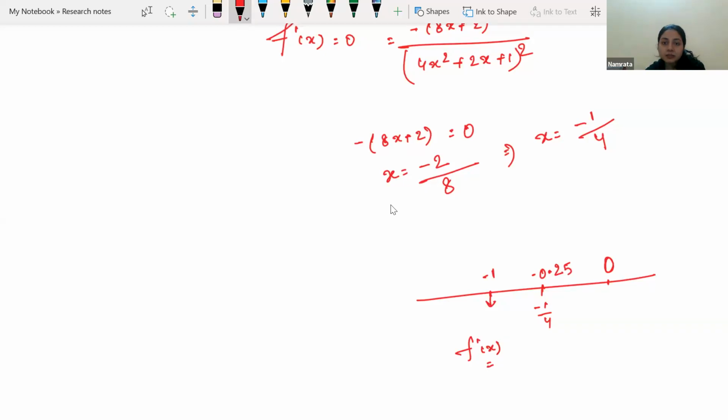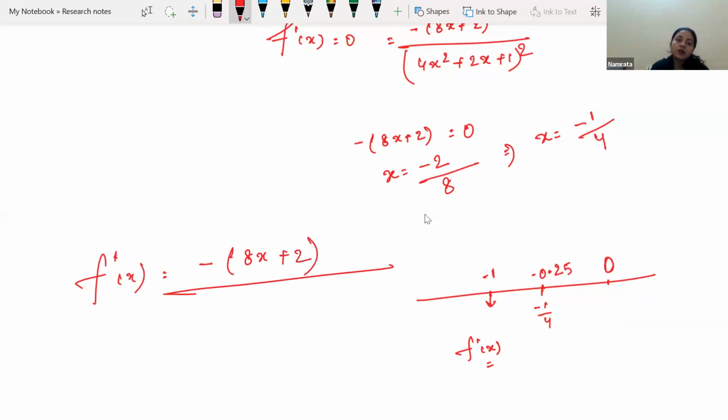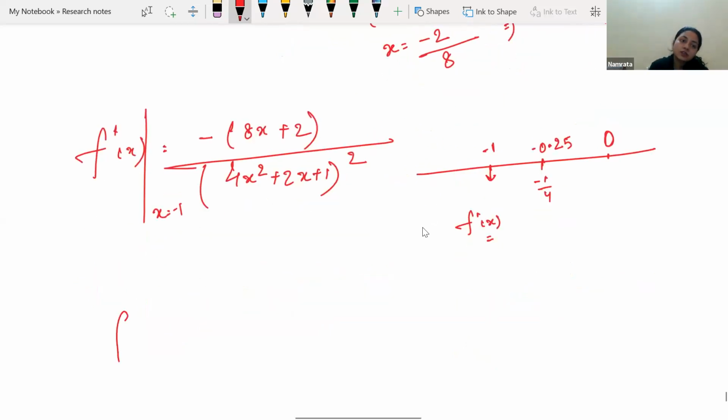Check f dash x at x equals minus 1, where f dash x is minus 8x plus 2 over 4x square plus 2x plus 1, whole square. Please do it and let me know whether you are getting a positive or a negative result. And f dash x at 0 also.